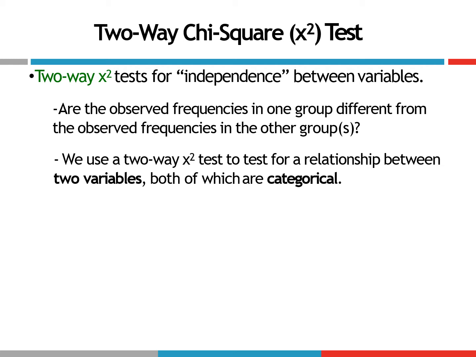That's the example that we went through in lab last week. Or is there a relationship between introversion and extroversion and likelihood of smoking? With the first example, we have one categorical variable of gender with two levels, male and female. And for the second variable, we have likelihood to conform, yes or no.